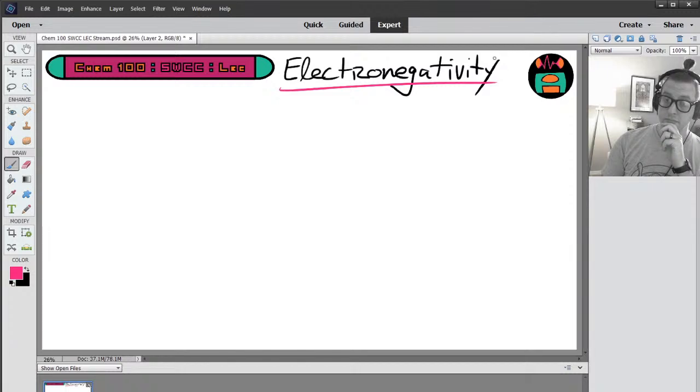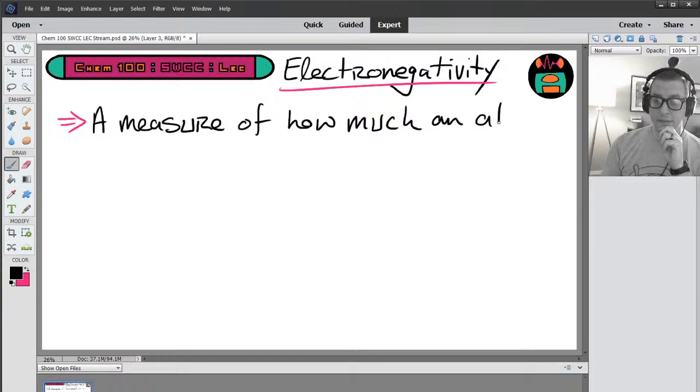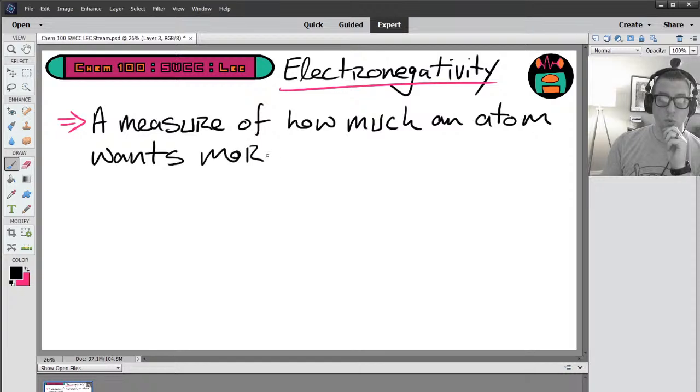All right. Now, electronegativity is a measurement. It is a measure of how much an atom wants more electrons.